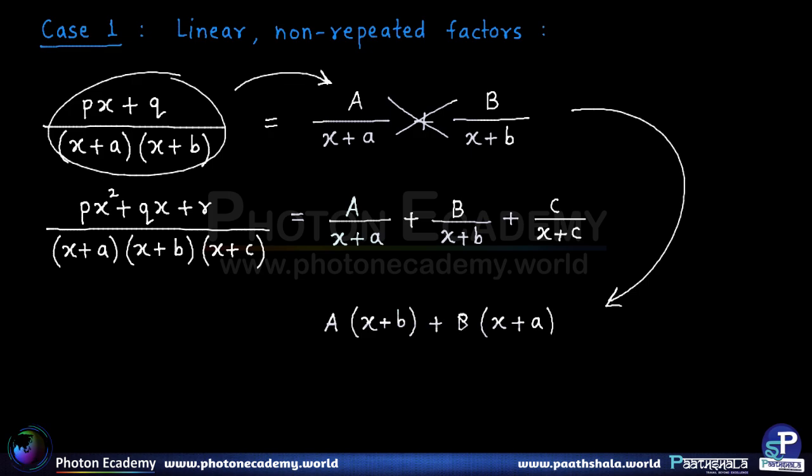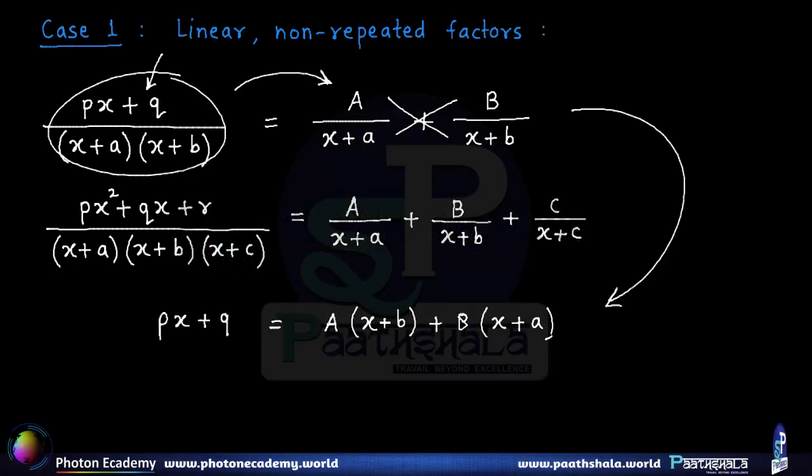Now the same numerator must be equal to the numerator on the left hand side. Therefore we must have px plus q on the left hand side, right? Now to get the value of A, what we do is we make the other term vanish, right? And to do that we can put the value of x as minus a.